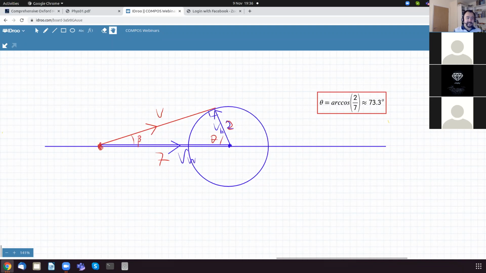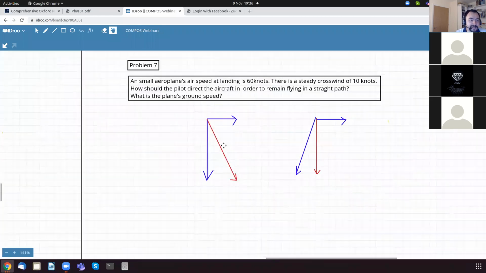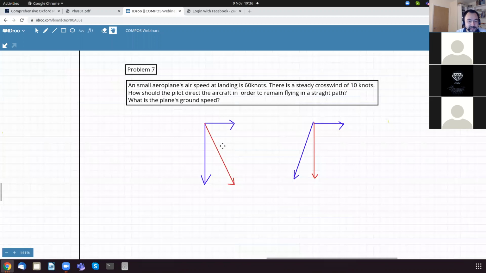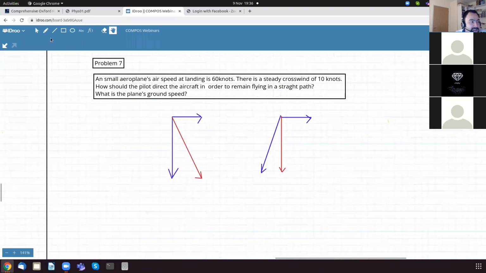Well, that's pretty much what we have time for. I didn't have time to return to question 7, but it's very similar to what we had before. A few more words about this: small airplanes, you can't just fly straight, this is not a good idea.